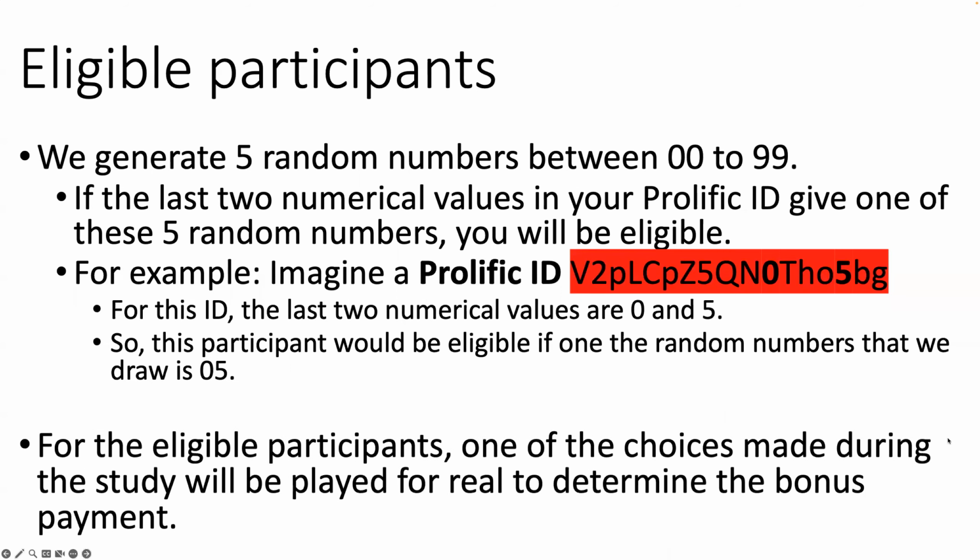After we determine who the eligible participants are, we will then determine which of the choices made during the study will be played for real to determine the bonus payment. And we will do that determination later on in this video.